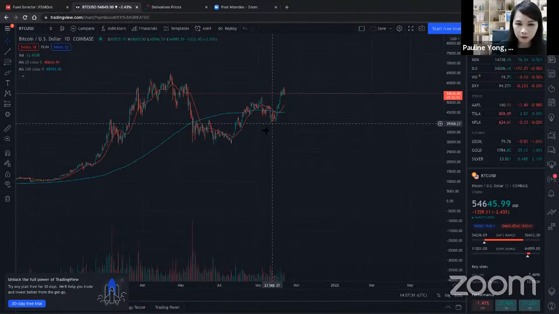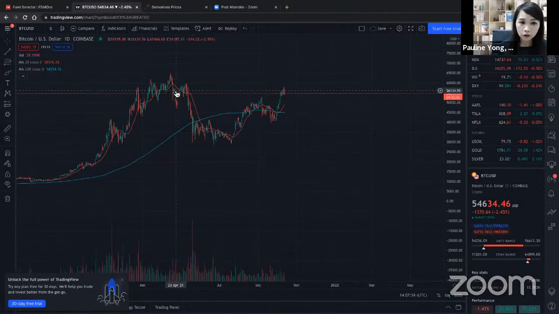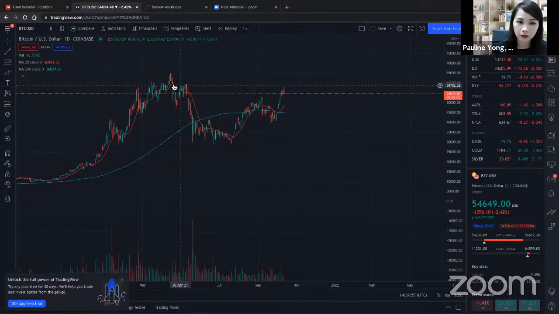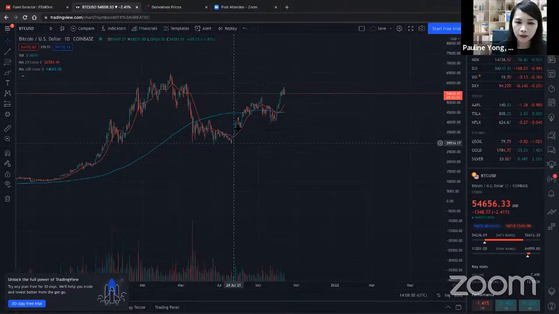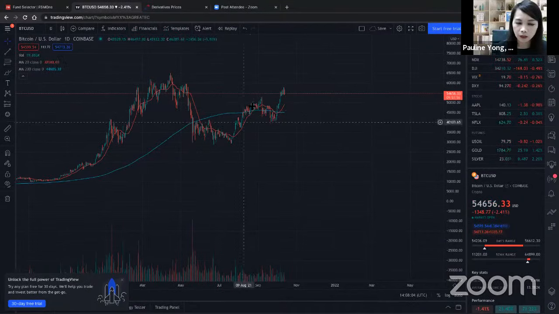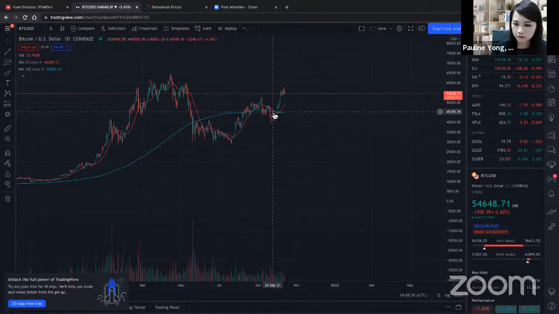So I'm looking at September here, all right? So you see that you have a 1, 2, 3, 4, 5. Okay, we have already completed 1, 2, 3, 4, 5, and then A, B, C. So actually we are looking at uptrend here.